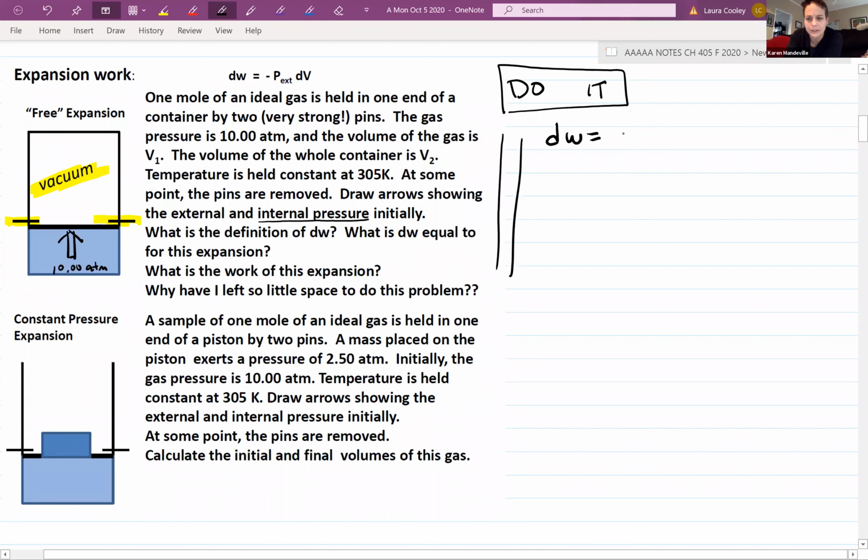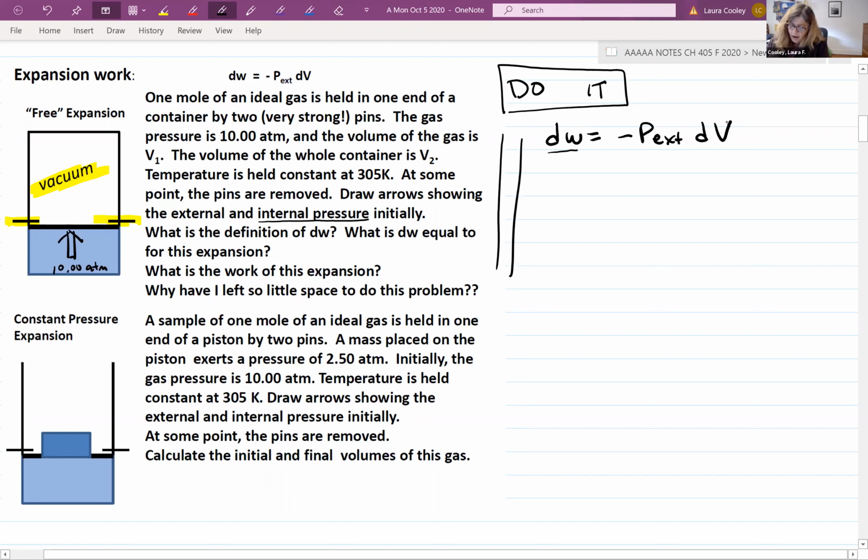Just the definition of the work, not the answer, just the definition that we learned about last time. It's minus P external times its volume, right?